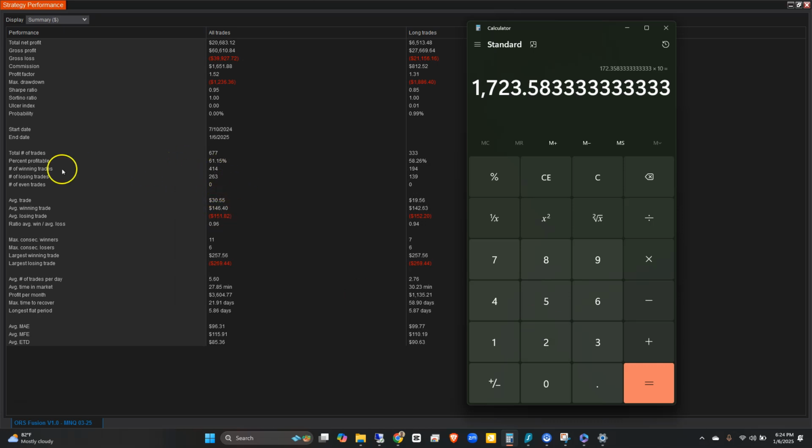So we'll say we can do it like this. The winning trades, 414, minus our losing trades of 263 for a net win of 151 net wins. And if we're using our risk smoothing method at $150 per trade, we get 22,650.